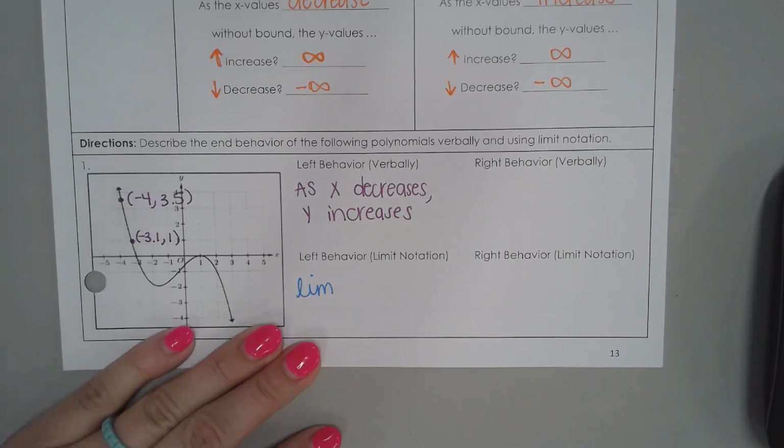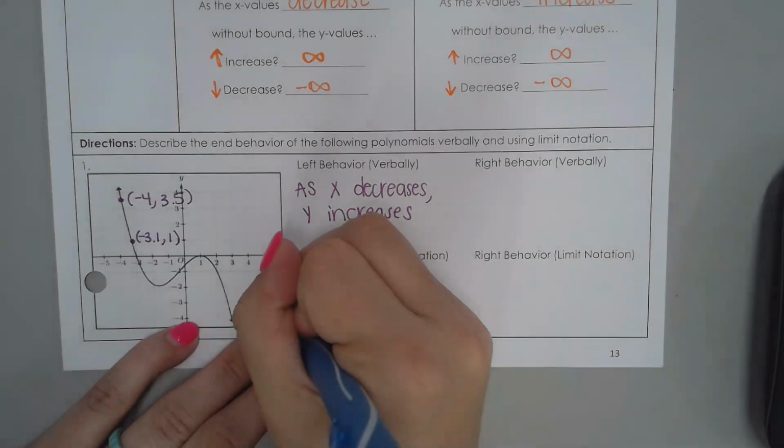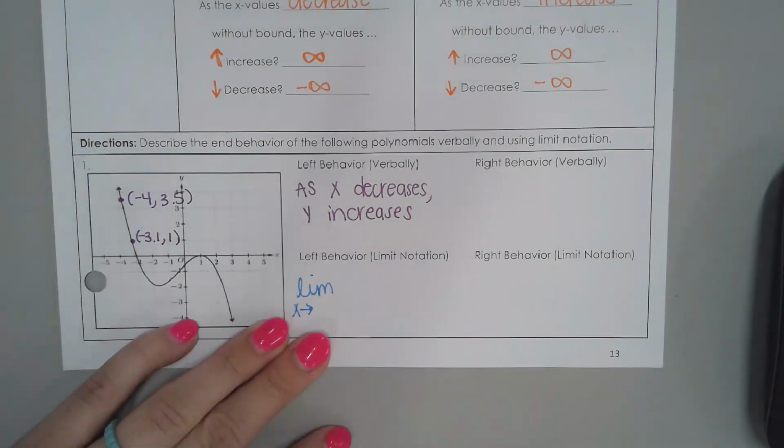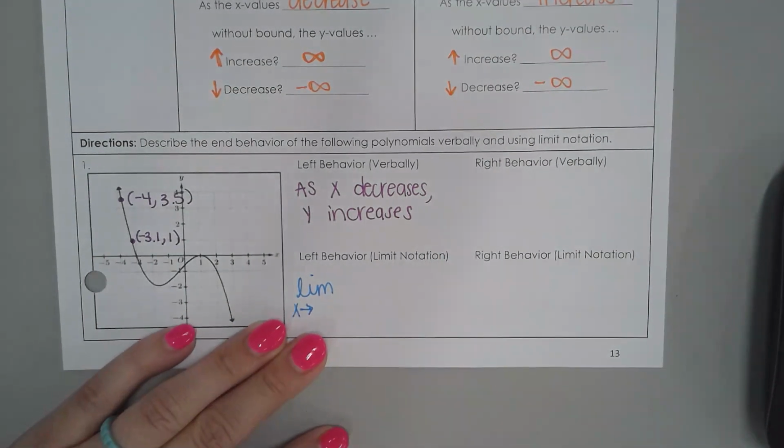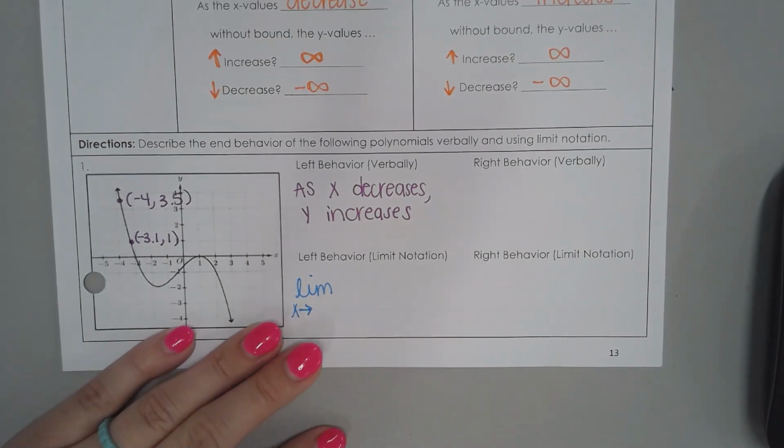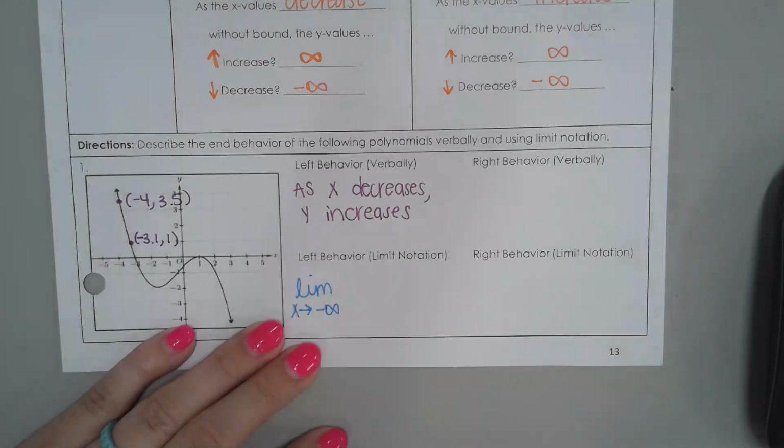The limit as x approaches on the left side, x is getting smaller, so it's going to negative infinity.